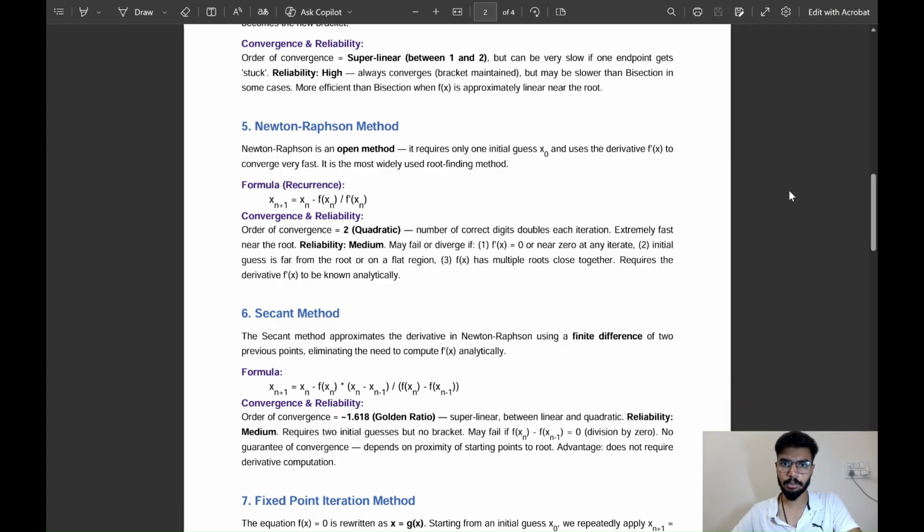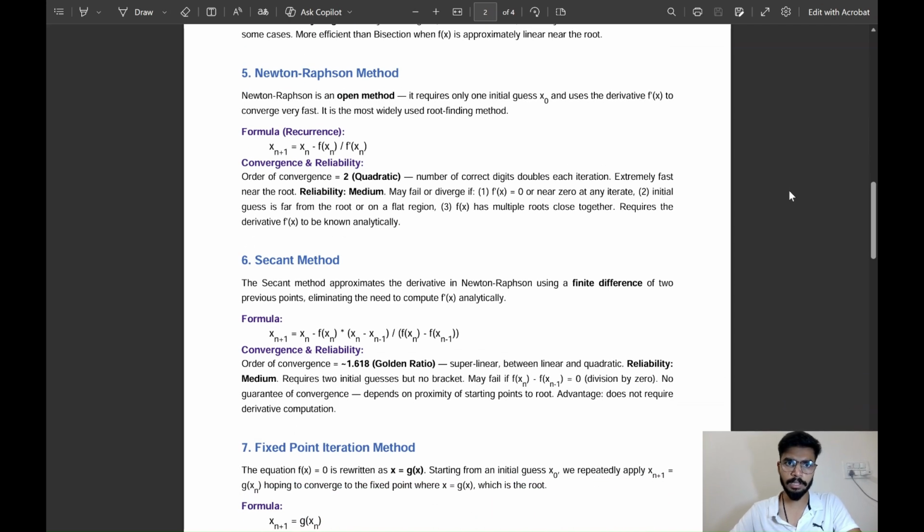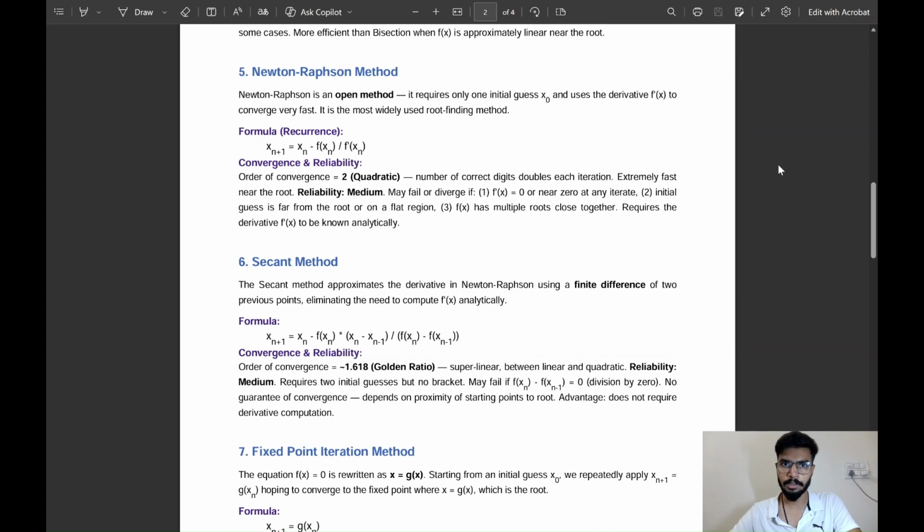It is the most widely used root finding method: x(n+1) = xn - f(xn)/f'(xn). Find a guess near to the root, put it in the method, and go further till the value repeats or gets close to the root.